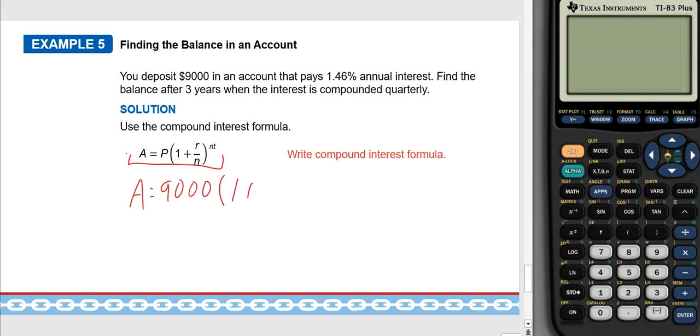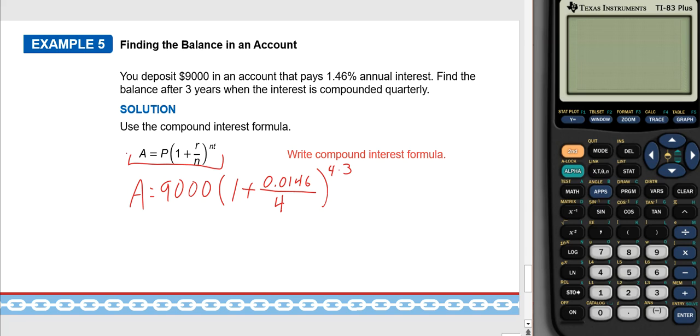times 1 plus our interest rate, which would be 1.46%, so 0.0146, right? Make sure you change that over to decimal form, divided by n. Quarterly means 4 times per year, right? So we're going to divide that interest rate by 4, and then our exponent is going to be n times t, so 4 times 3 years.